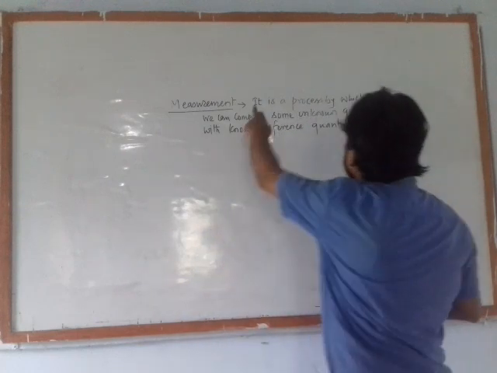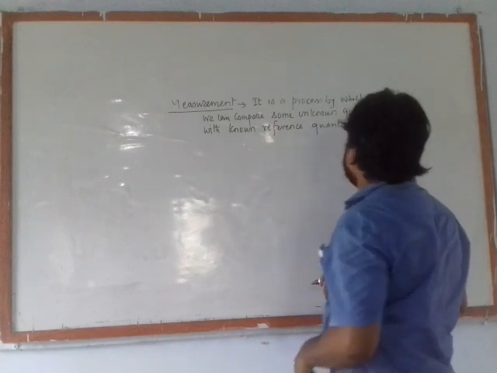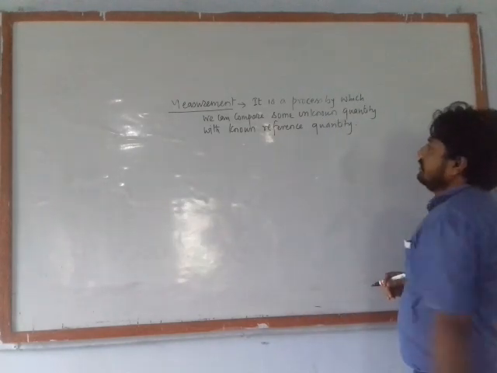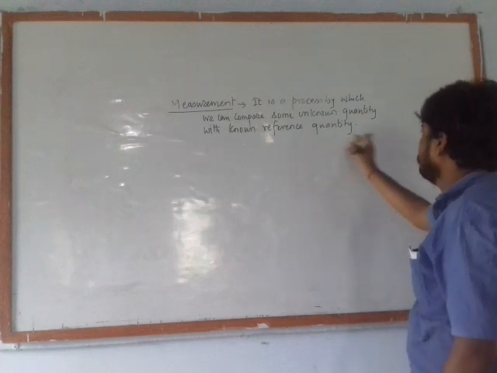Here you can say it is a process by which we can compare some unknown value of a quantity with the known reference value of a quantity, or reference quantity.